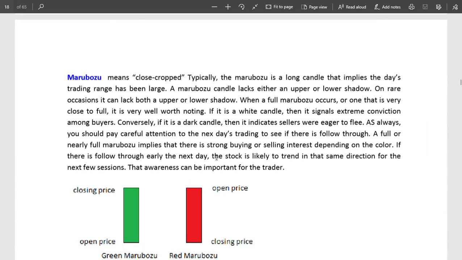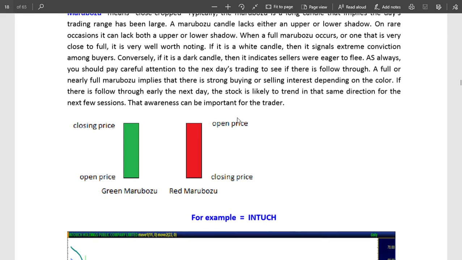Now up to this one, this is the closing marubozu. Typically, this is a long candle that implies a day's trading range has been large. So this shows strong buying or selling pressure. You can see very big candles in the chart. A very big green candle, consider that the buying pressure is very high.